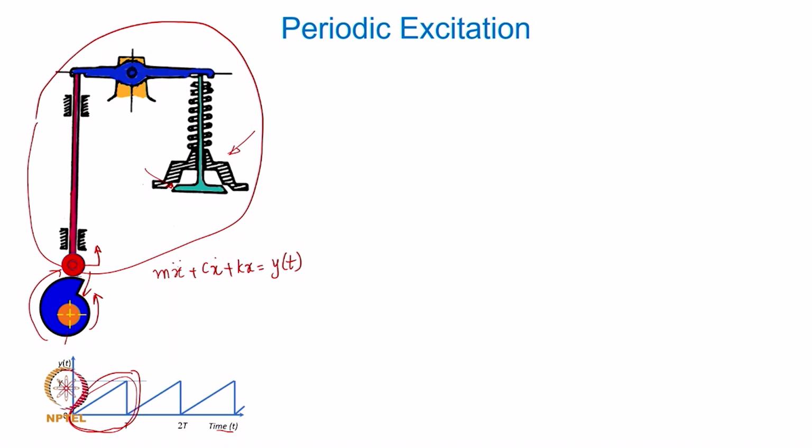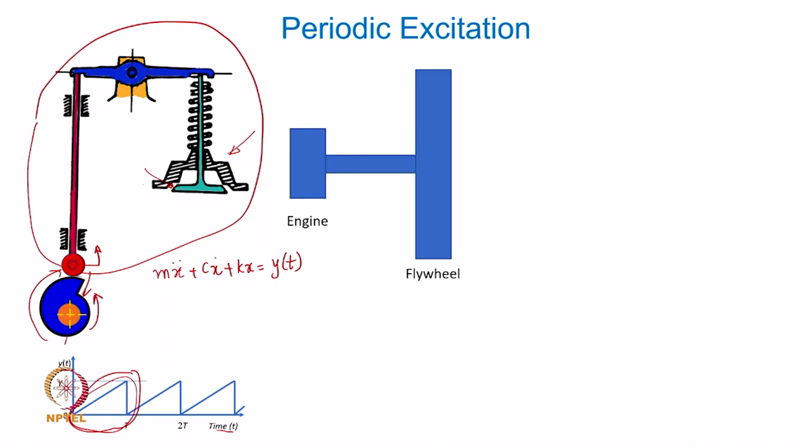The other example is, let us say, again an IC engine, with a crankshaft connected to a huge flywheel, and just assume that this engine is a 4-stroke, single cylinder engine. You all know such an engine will be subjected to an excitation torque, will it not, as a function of theta, the angle rotated.